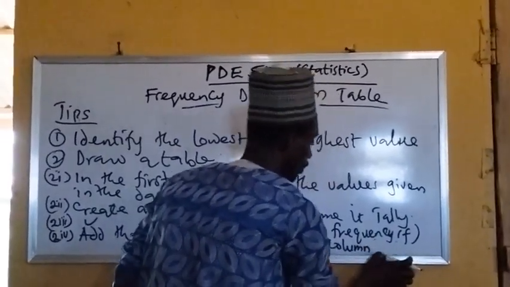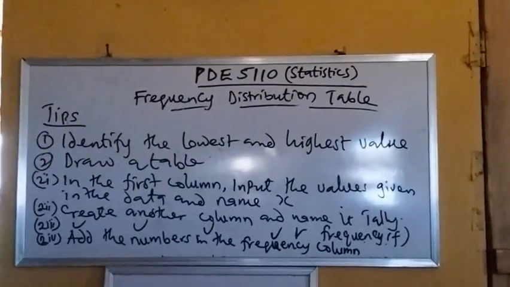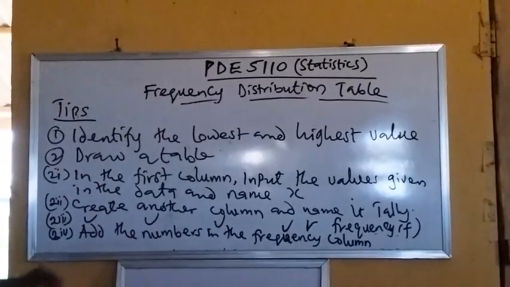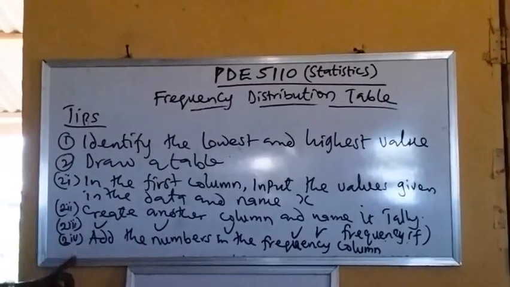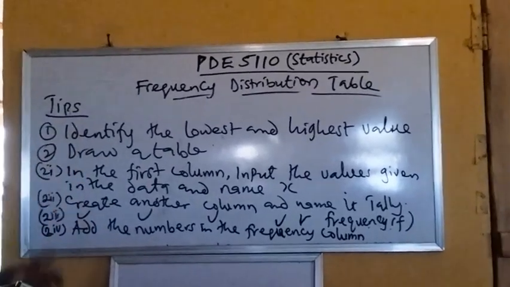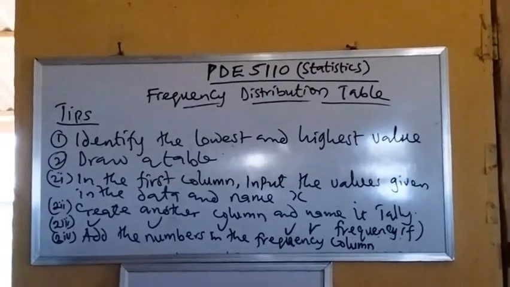When we get there, we will understand this. Summation F, just add it at the end. That is, we are adding all the frequencies together. So with this, we are good to go. These are those things we want to do in the exercise that follows.